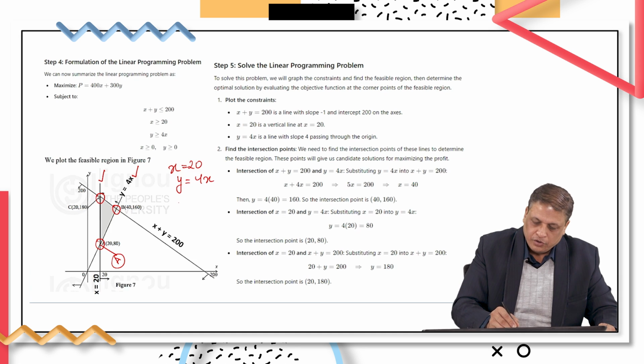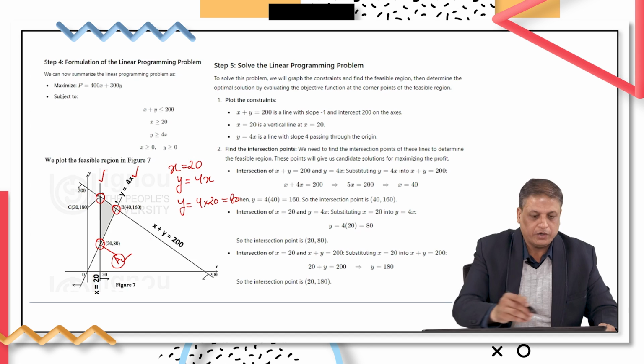So, y is equal to 4 into 20, that is y is equal to 80. So, (20, 80) is point A.